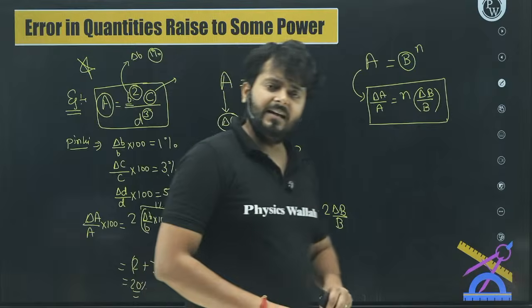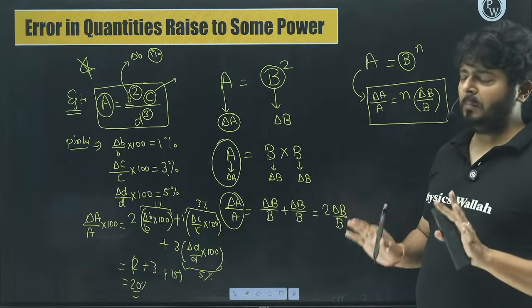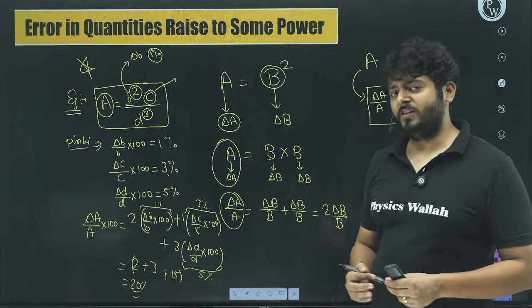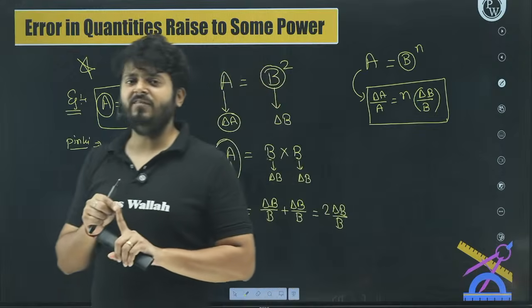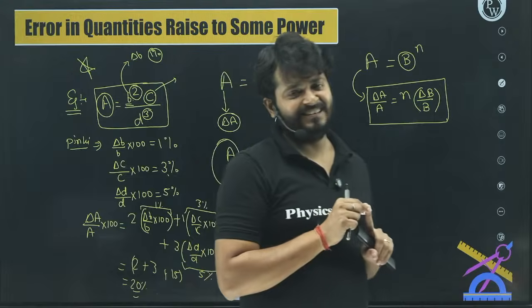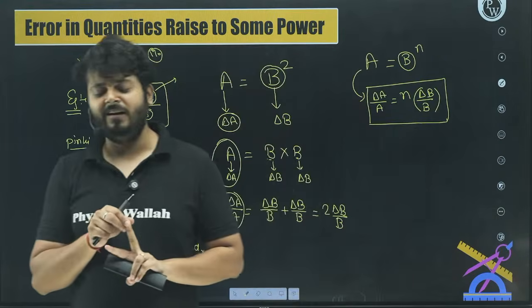I hope the idea is very, very clear. So have you understood the concept of error and combination of errors? My dear kids, is what error is clear with everybody? Yes or no? So what is the type of error? Yes, the type of error is also very clear.